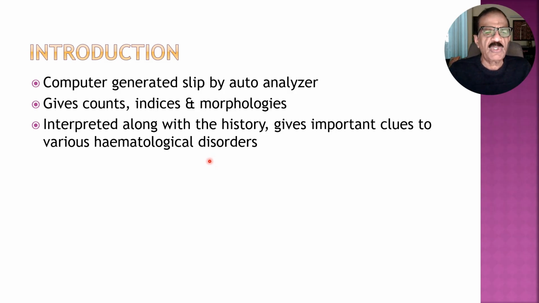In many situations, you could go ahead with the treatment because from the history you already have some idea what may be the cause of anemia, and if you see this investigation, CBC, and if that also supports your clinical impression, I think further tests would be unnecessary. That will be sheer waste of money and waste of time and waste of resources.